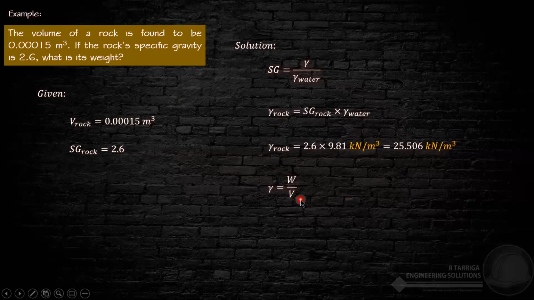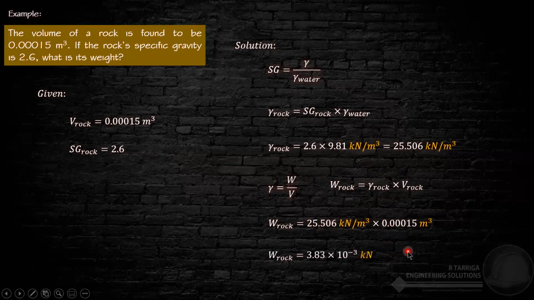So transpose the terms, that will give you this relationship also. Using this formula, that gives us 25.506 times 0.00015, and the weight of the rock shall be equal to 3.83 times 10 to the power of negative 3 kilonewton.